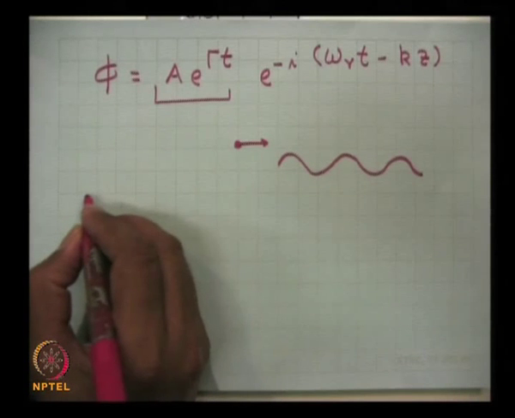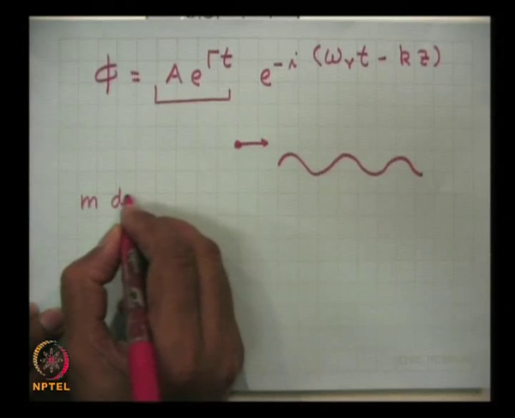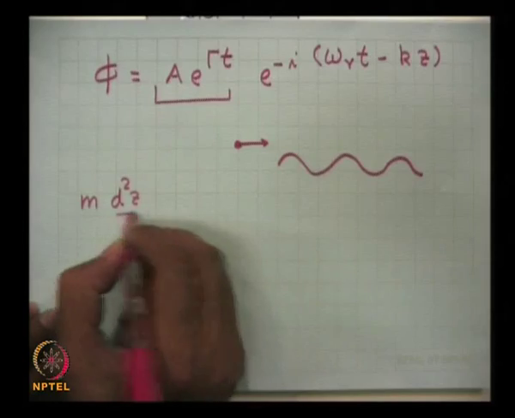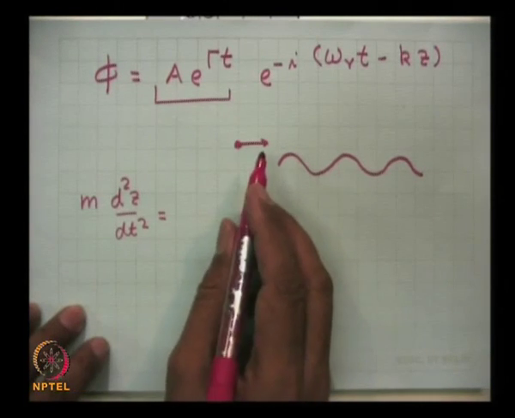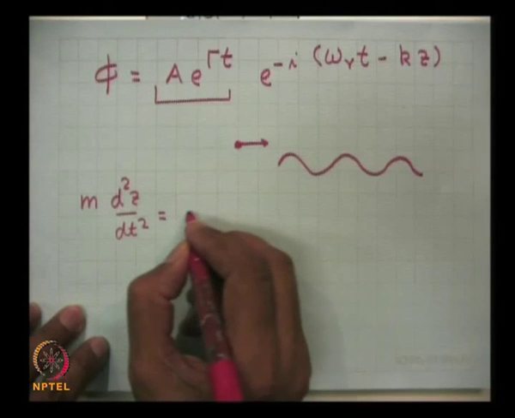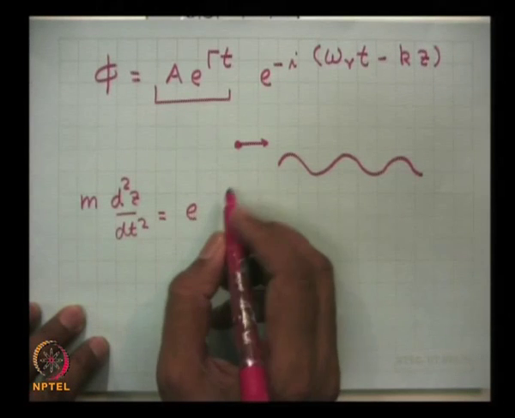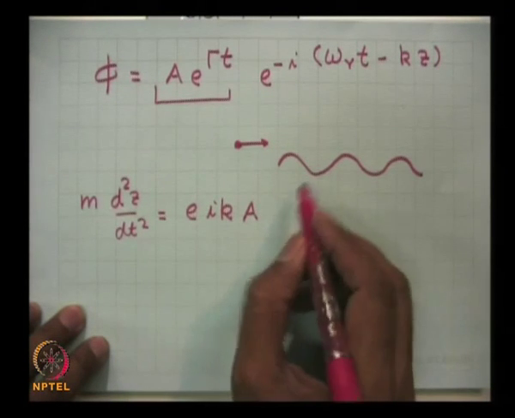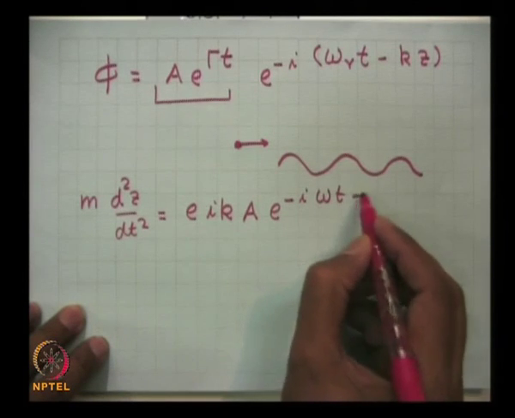The equation of motion is, for a single particle, m d2z by dt squared, this is acceleration, is equal to the electrical force due to the wave on the beam electron, which is equal to e grad phi, and grad phi is simply i k into phi, which is a exponential minus i omega t minus kz.